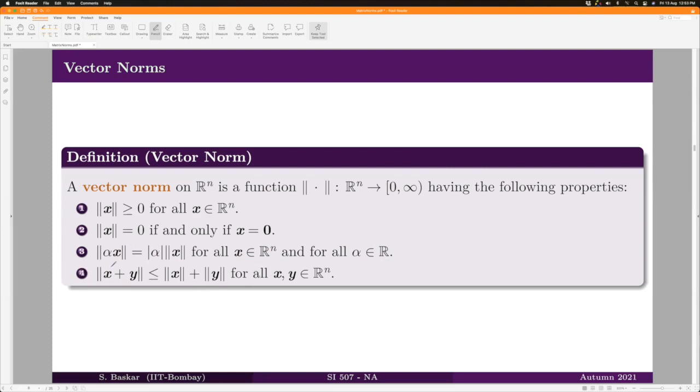You take two vectors x and y, add them up, and then apply the function on it. That will be less than or equal to individually applying the function on these vectors. Such a function is called a norm, and we say this notation as norm x. That is how we pronounce it.